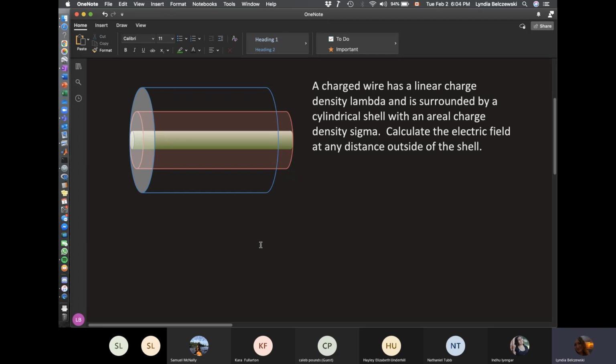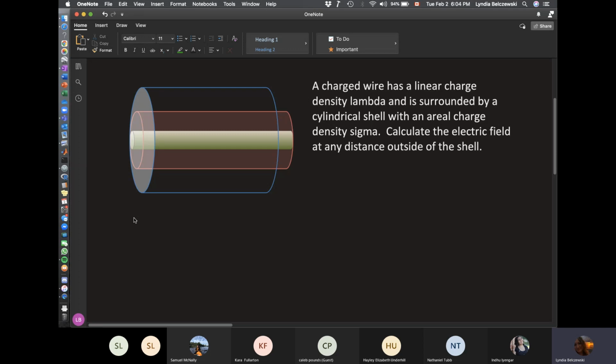So this blue cylinder, I don't know why the front of it is white, it just copied and pasted weird, but the blue cylinder in my diagram here, that will be our Gaussian surface. I've drawn it so that it has a radius bigger than either the shell or the wire, because we want to calculate the electric field outside of both the shell and the wire. So my Gaussian surface is outside of both of those.